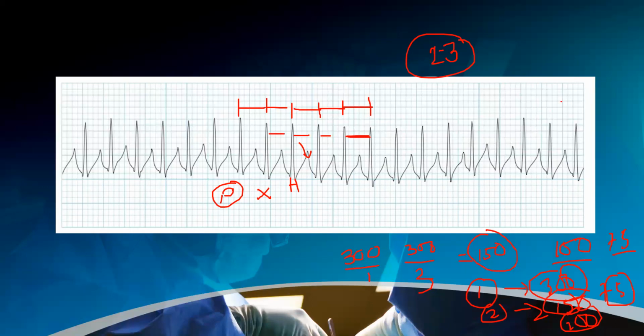Now you can explain that, dear examiner, this is the 12-lead ECG of my patient John, who presented to me with a feeling of palpitation and lightheadedness for the last 2 hours.